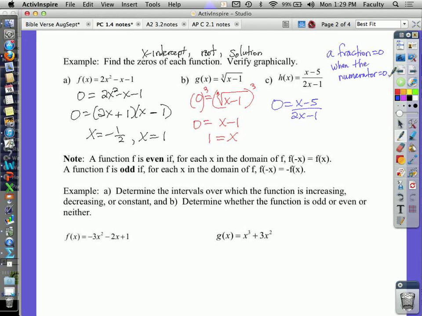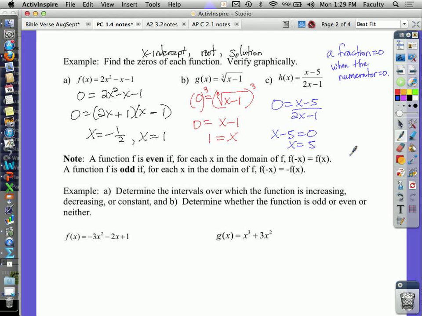Okay, 0 divided by a number is equal to 0, but what happens when you take a different number divided by 0? You can't do it, it's undefined, right? So it's undefined to have the denominator equal to 0. So we're just going to set x minus 5 equal to 0, and so that's just x equals 5.